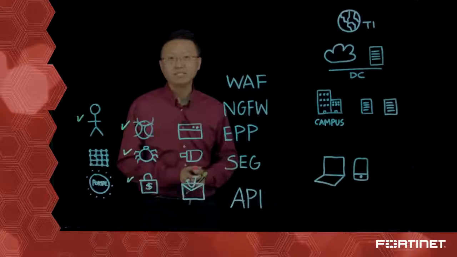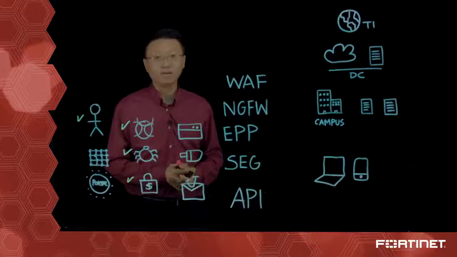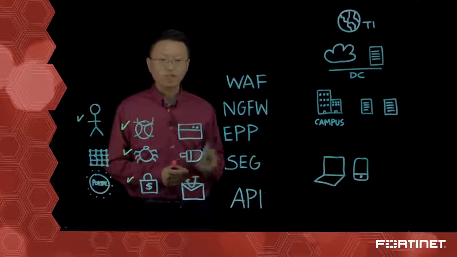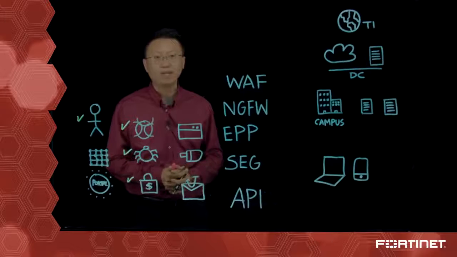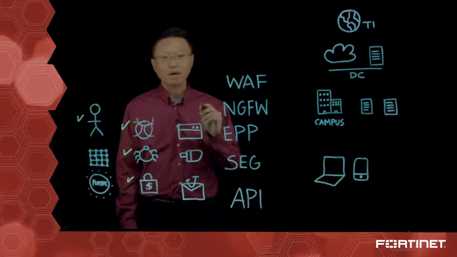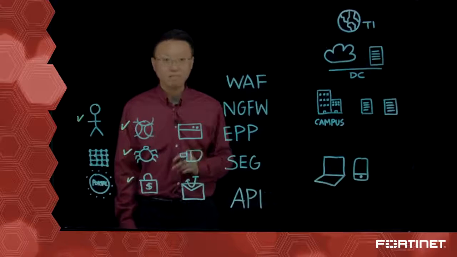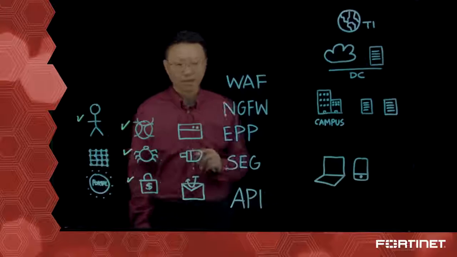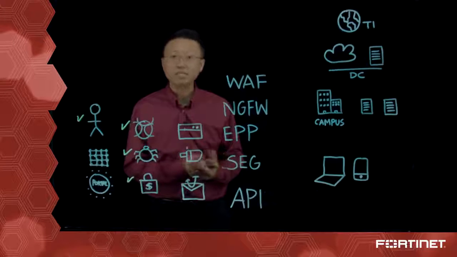And according to Verizon's 2018 data breach investigation report, the three most common threat vectors are web, endpoint, as well as email. Now, from the web perspective, you have things like malvertisements.